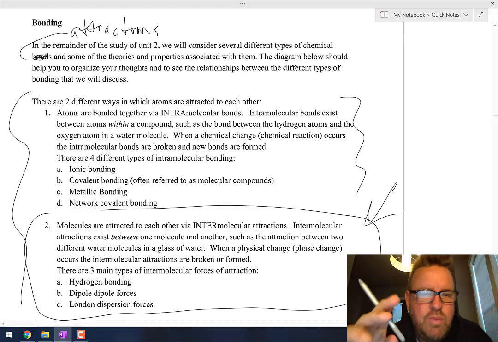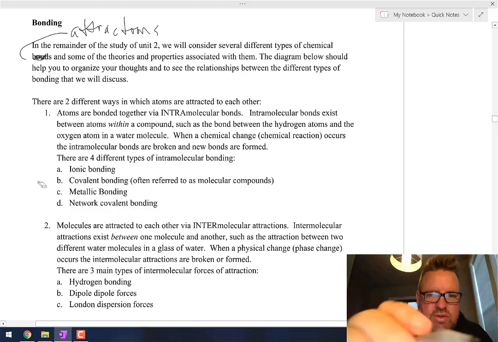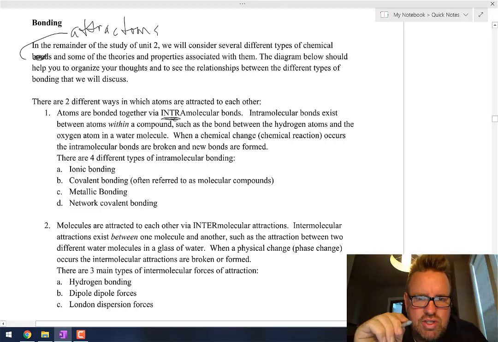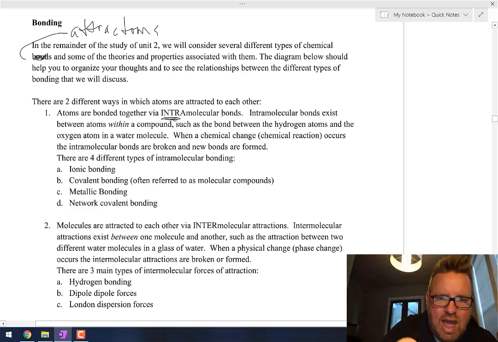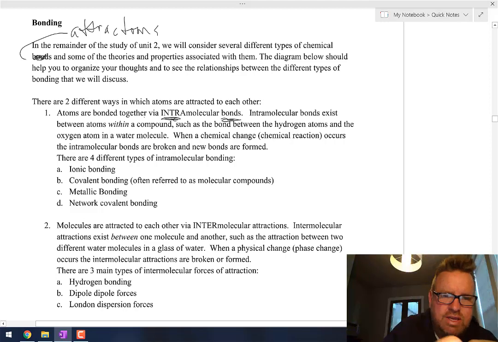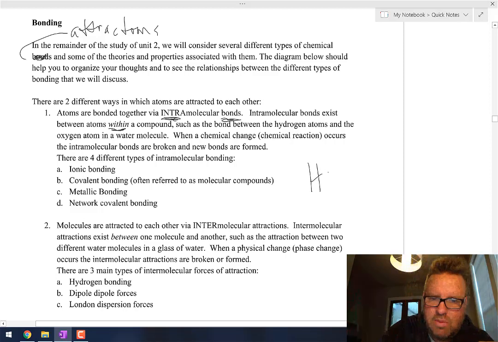When we talk about the intramolecular attractions, and I know we've discussed this already in previous videos, that's within the molecule, and those are the actual bonds. That's where, yes, you call them a bond. It is within a compound, within a molecule. For example, with water, you've got H-O-H.